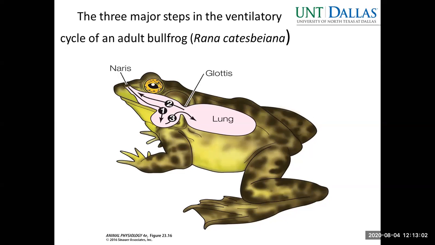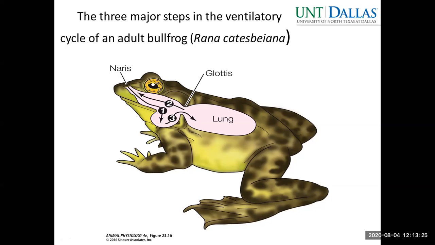So this is the third step here. What happens in the third step is that the fresh air in the depression of the buccal floor is driven into the lungs when the buccal floor is raised with these nares closed.